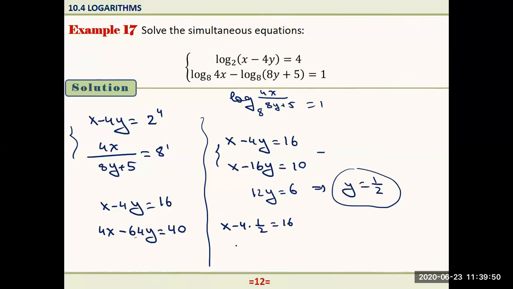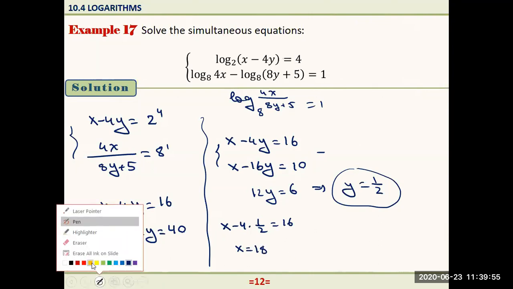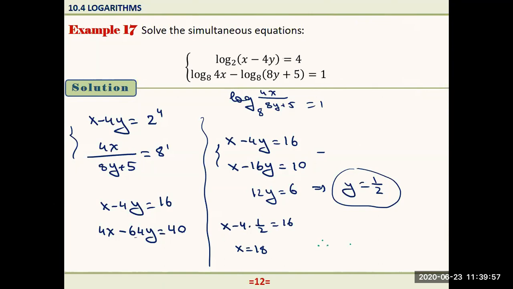So that is x minus 2 equals 16. What is x? x equals 18, right? So the solution of the given system of equations is x equals 18 and y is equal to 1 over 2.